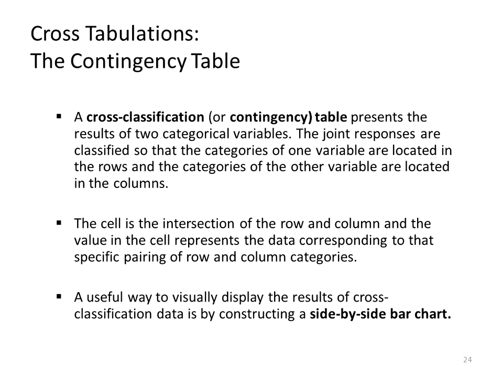The joint responses are classified so that the categories of one variable are located in the rows and the categories of the other variable are located in the columns. The cell at the intersection of a row and column represents the data corresponding to the specific pair of row and column categories. A useful way to visually display the results of cross classification data is by constructing a side-by-side bar chart.